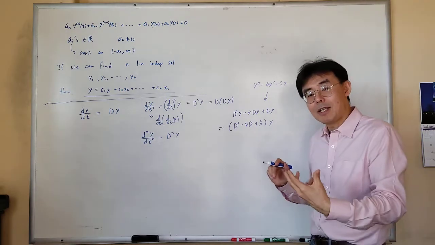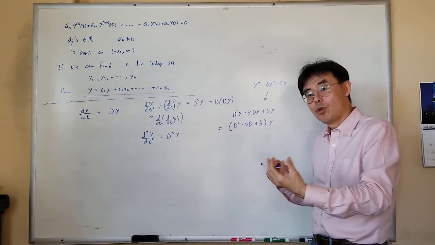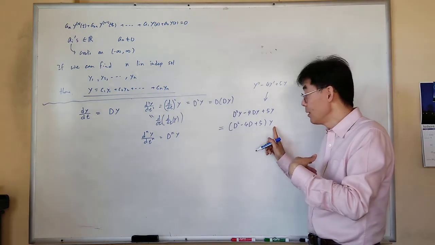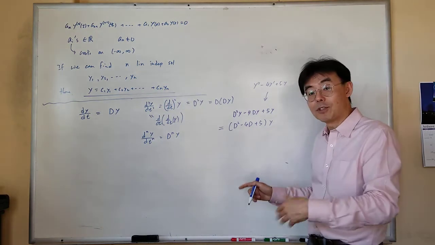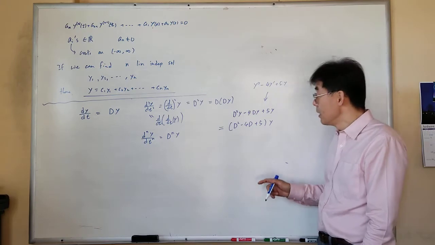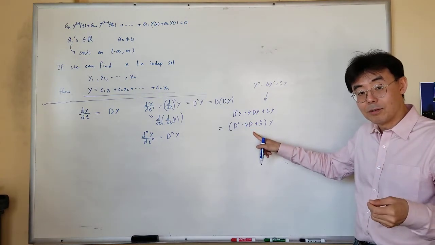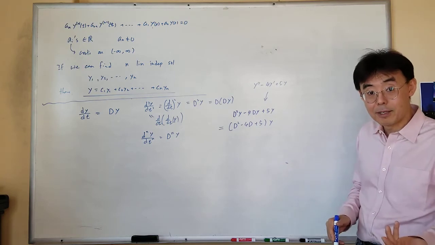Operator is a fancy name for a function which takes another function as an input and gives the resulting function as an output. And when that operator involves differentiation, we call it a differential operator.